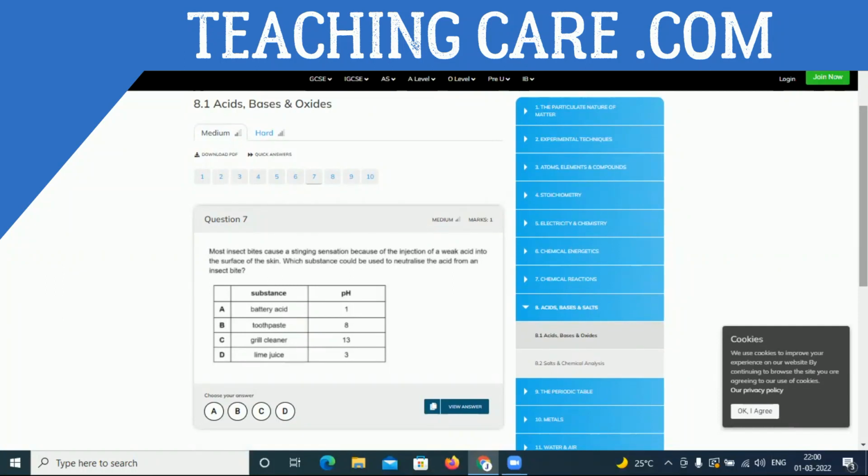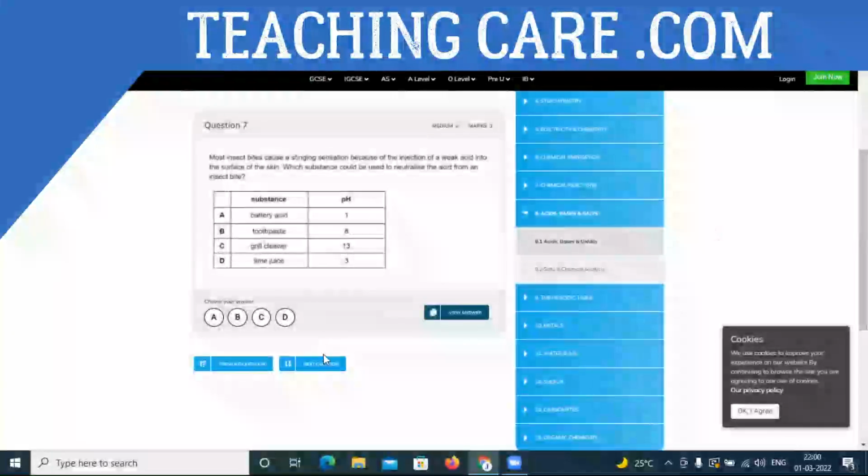Toothpaste. B. Toothpaste, yes. Not very strong alkali can be used. Very good.